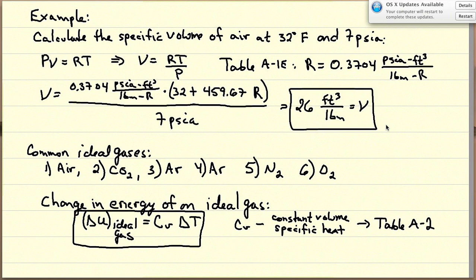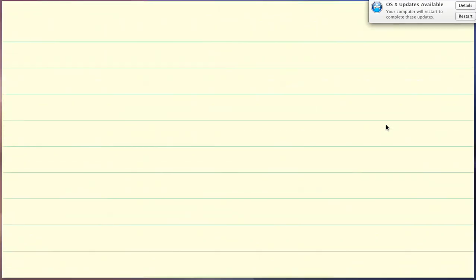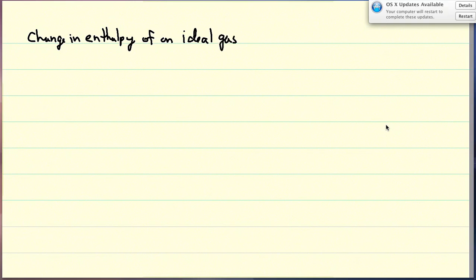So we don't just have the change in energy of an ideal gas, we also have the change in enthalpy of an ideal gas, right? The equation that we use for that is as follows.